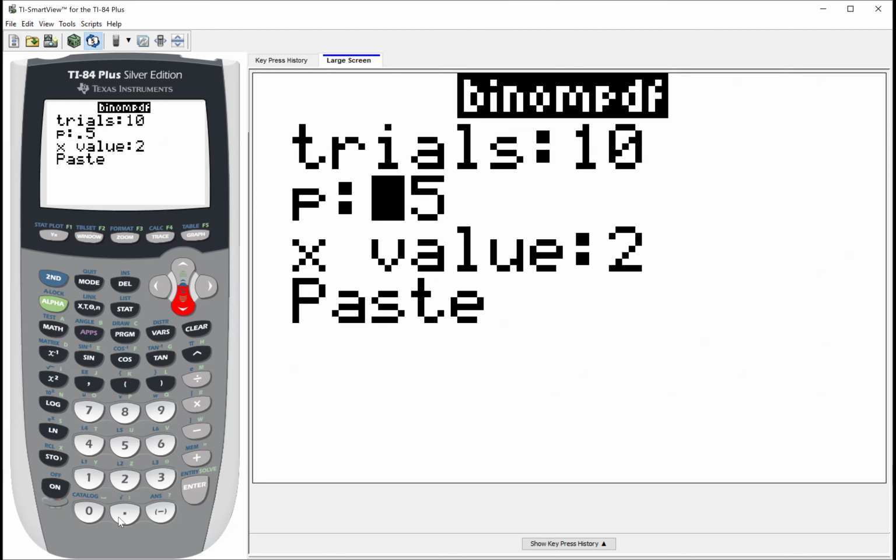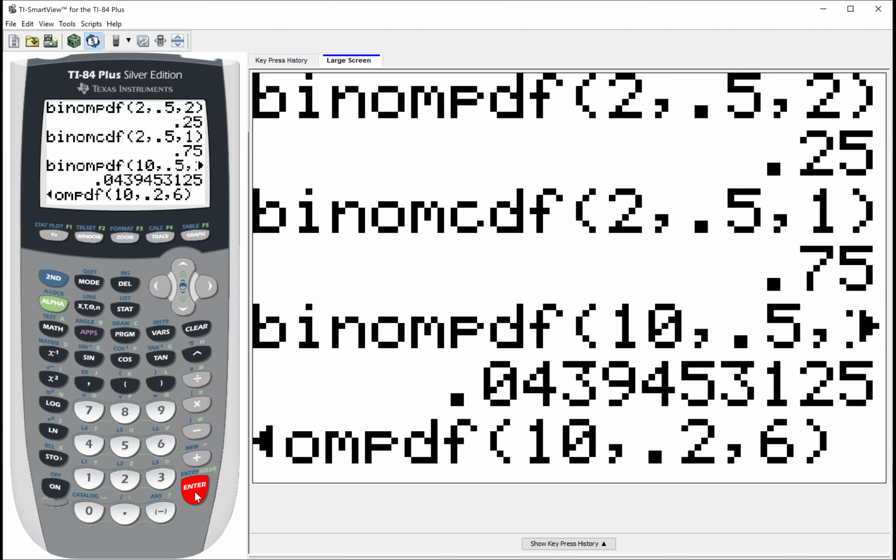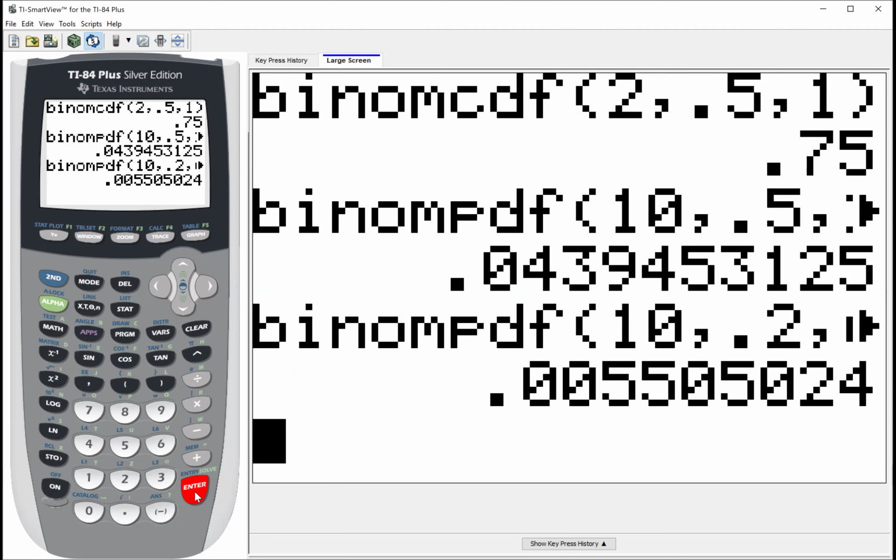The probability of a success we said is 0.2. And in this case, we're interested in calculating the probability of getting exactly 6 answers correct. So X, which is like our S in the formula, is 6. And now we can paste and then enter. And we get about, let's go 4 places, so we get about 0.0055.